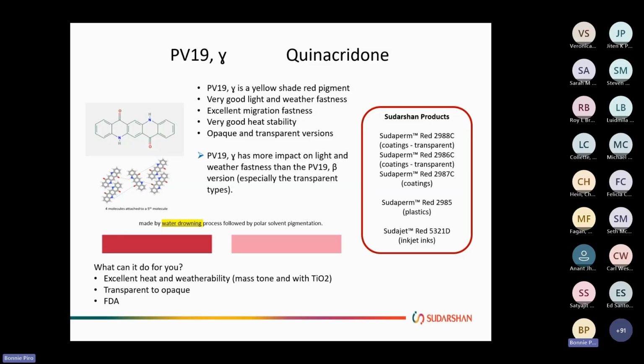This is very important because in the red space there's sometimes this issue of photodegradation impacts from TiO2. Transparent to opaque, depending on the product choice you make. It does provide FDA compliance for those formulations and applications that need it.